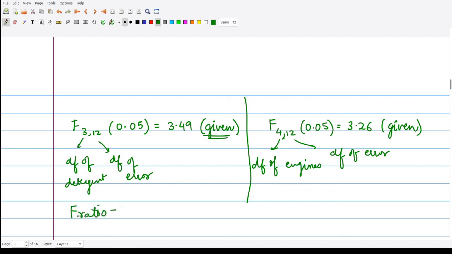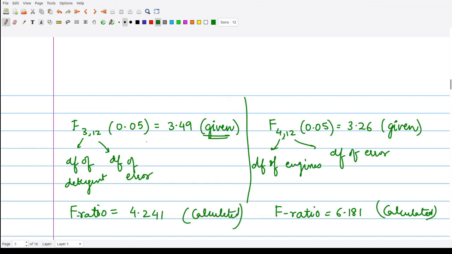The F ratio which we calculated for detergents was equal to 4.241, and in this case for engines it was equal to 6.181. This we have calculated.